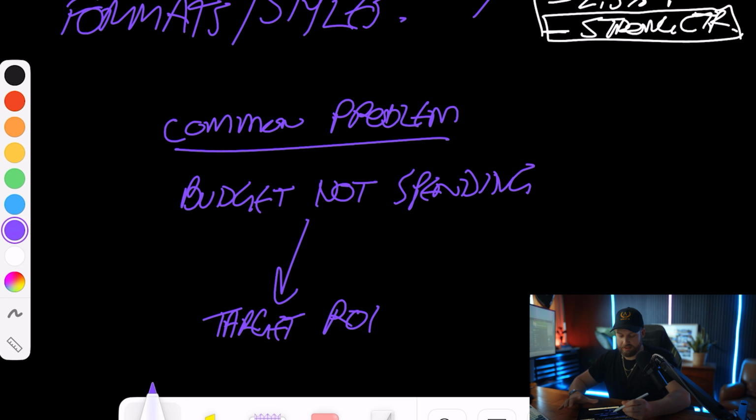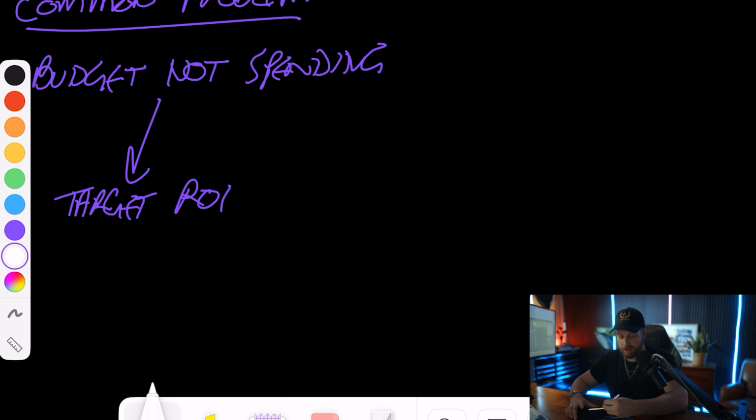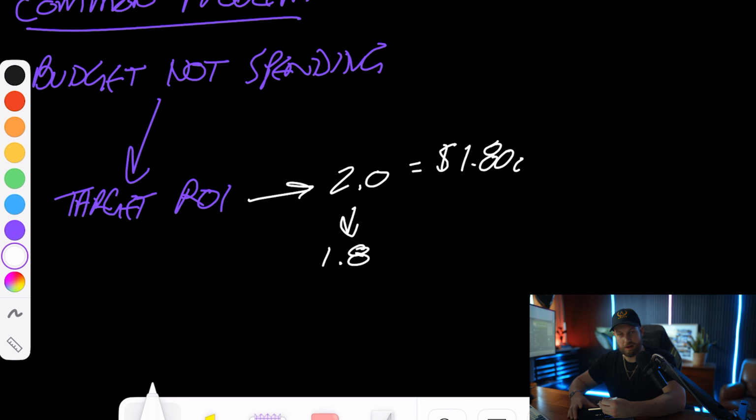And in order to really test, and you want to do this strategically, what ROI you need to get it down to in order for it to spend, let's say that you set your target ROI at 2.0, okay? And let's say it only spends $1.80. Then what you can do is lower it, drop it by 0.2 to 1.8, and let's say this spends $1.92, right? It doesn't spend a whole lot more.